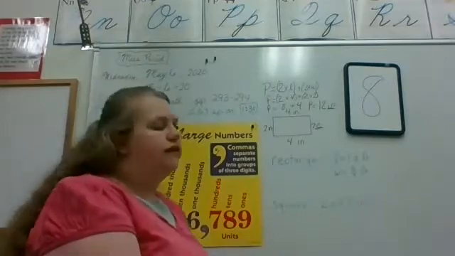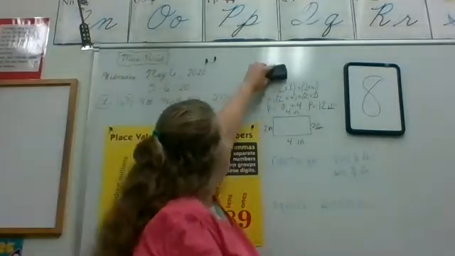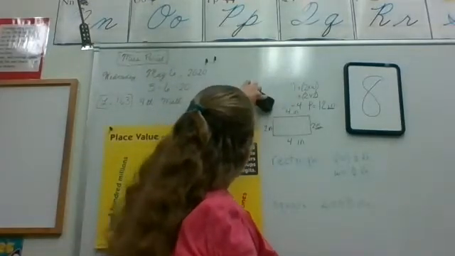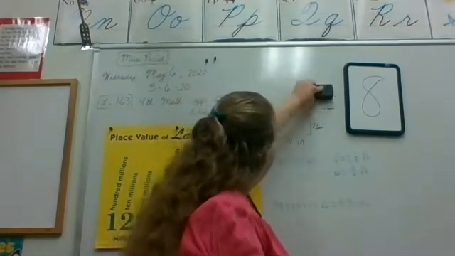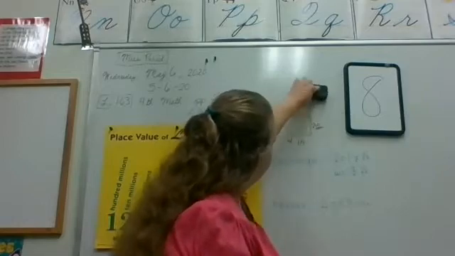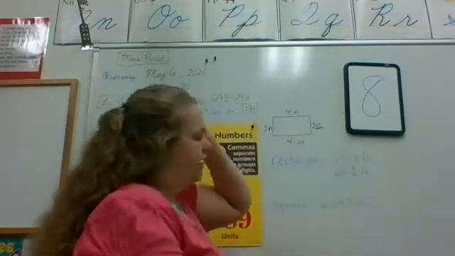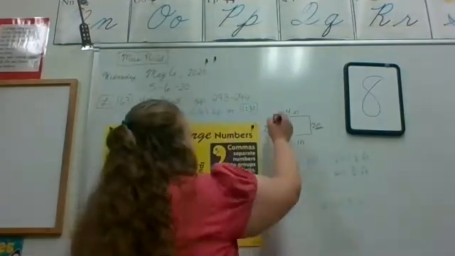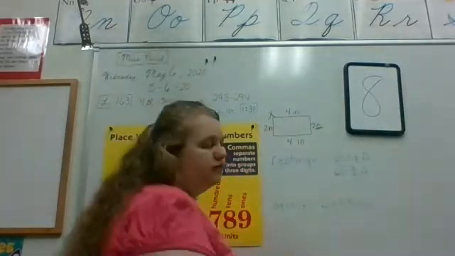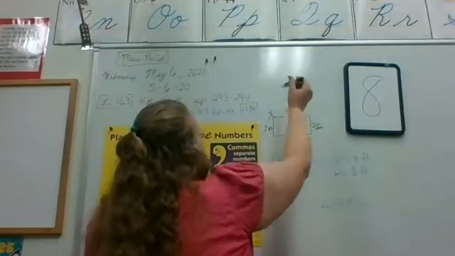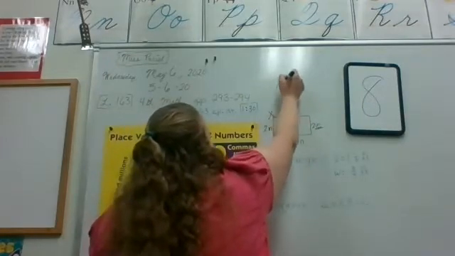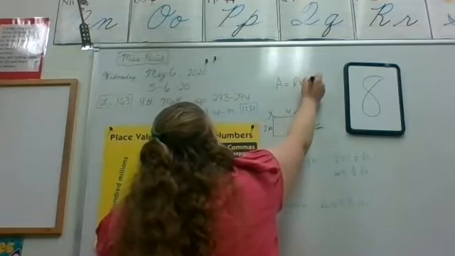How do we find out the area? Okay, area is found by multiplying 2 of our sides together, right? Because they're the same. So A equals length times width.